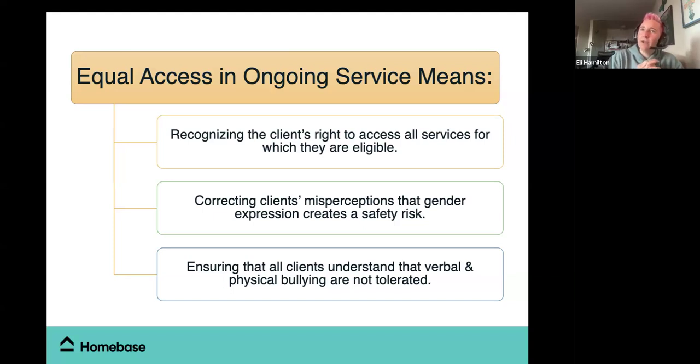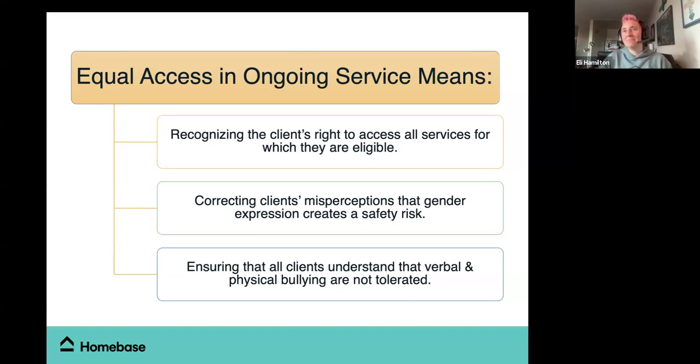Be ready and prepared and practiced to explain to folks that this person's gender expression does not make you unsafe. This is something that we hear a lot about from clients who are sharing space, right? That I'm afraid to sleep next to or sleep in the room with a trans person or a gay person because I don't want them to touch me or attack me.